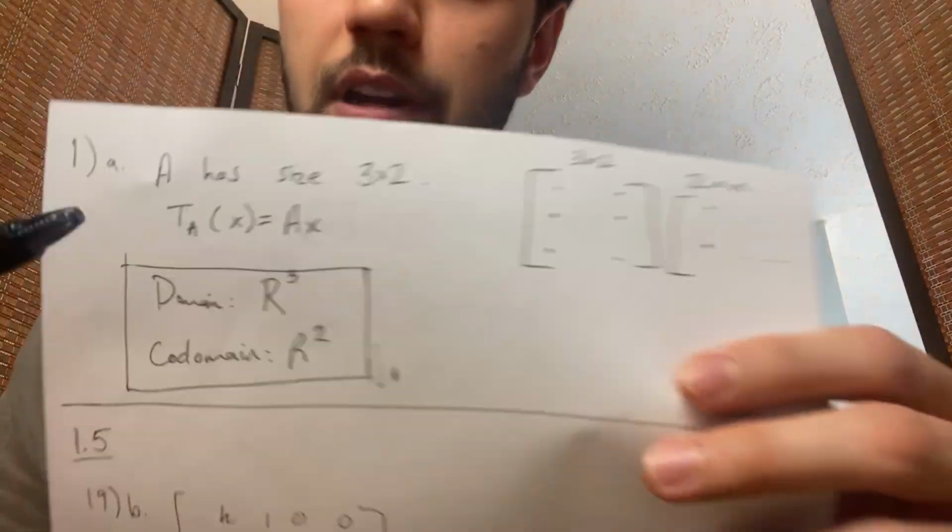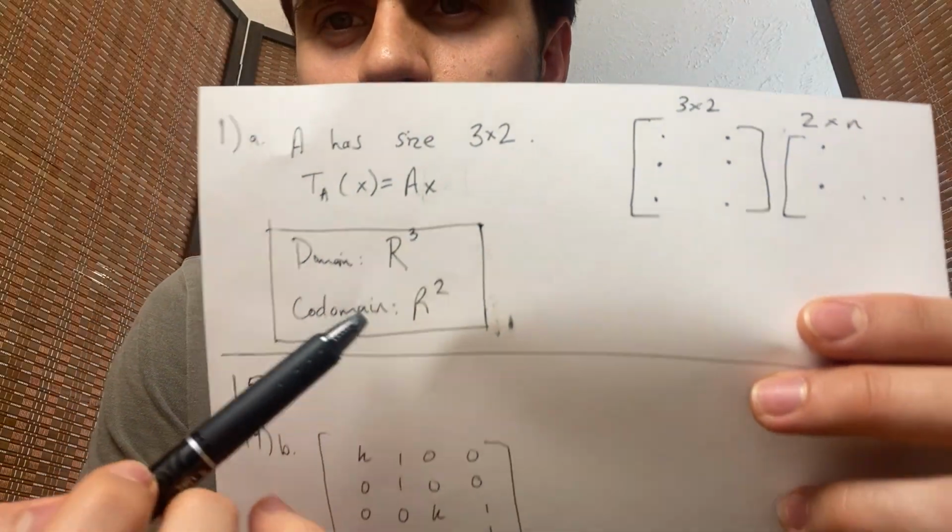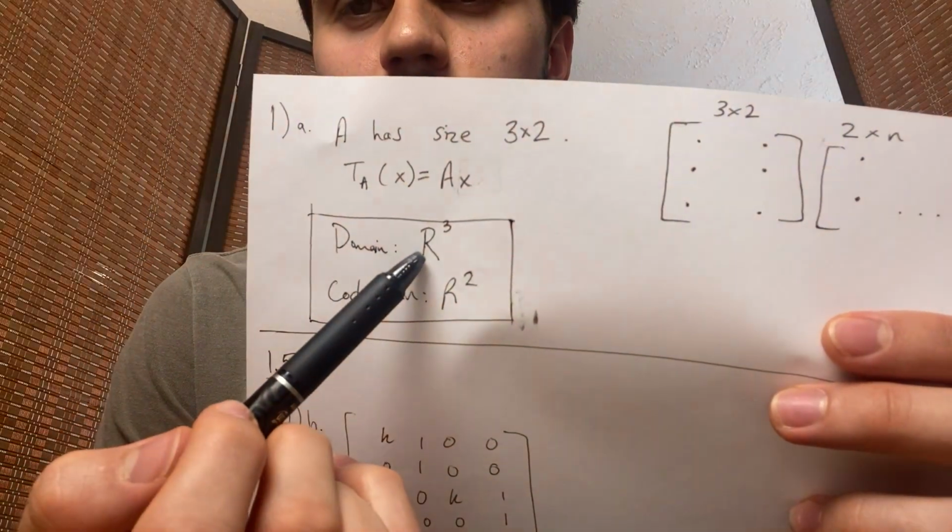All right. Then I did the first problem, which was to find the domain and codomain of the transformation A of x equals Ax. I didn't know exactly.